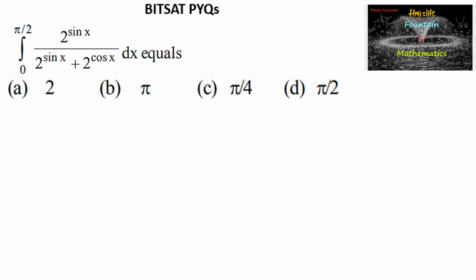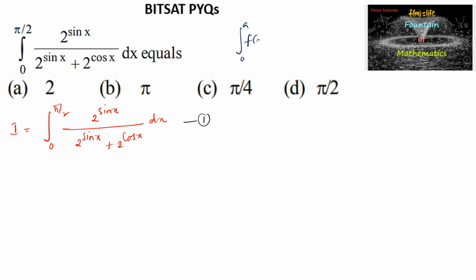So let us consider integral I is equal to 0 to pi by 2 of 2 power sin x upon 2 power sin x plus 2 power cos x dx. Let us call this equation 1, and let us apply the property integral 0 to a of f of x dx is equal to integral 0 to a of f of a minus x dx.